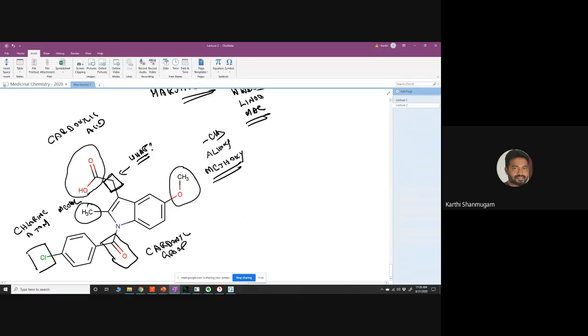I have labeled some part of the structure. So the question is, what is the name for that functional group? That's all. Very simple question.